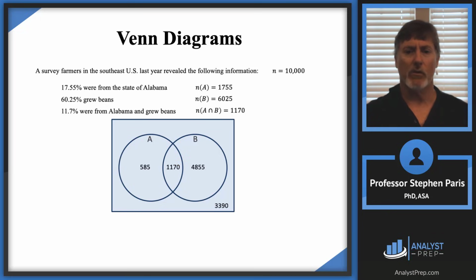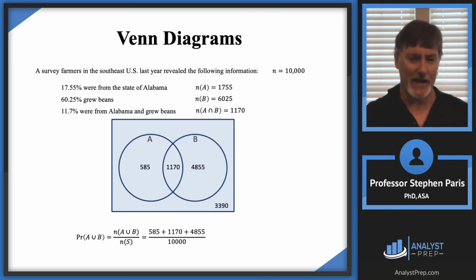And now I can answer questions like, well, what's the probability of A union B? Well, that would be the number of elements in A union B divided by the number of elements in the sample. And so I got the 585 plus the 1,170 plus the 4,855 divided by 10,000, and I get 66.1%.